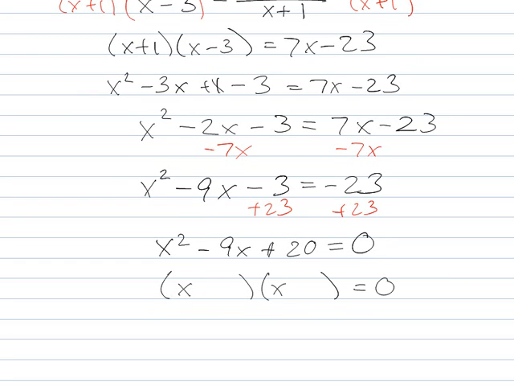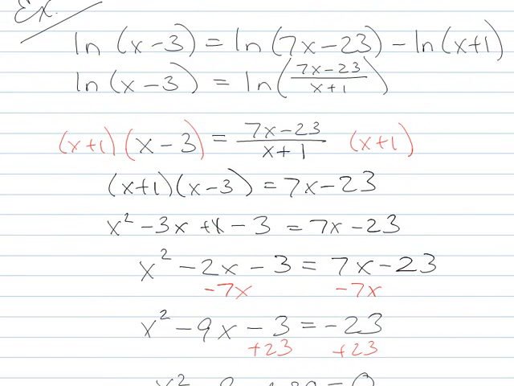We've got a plus sign here, so that means these are both minus. And if I fiddle with it a second, I'll come up with 4 and 5. Make sure you can do this kind of stuff. So x is going to be equal to 4, or x is going to be equal to 5. Am I done?